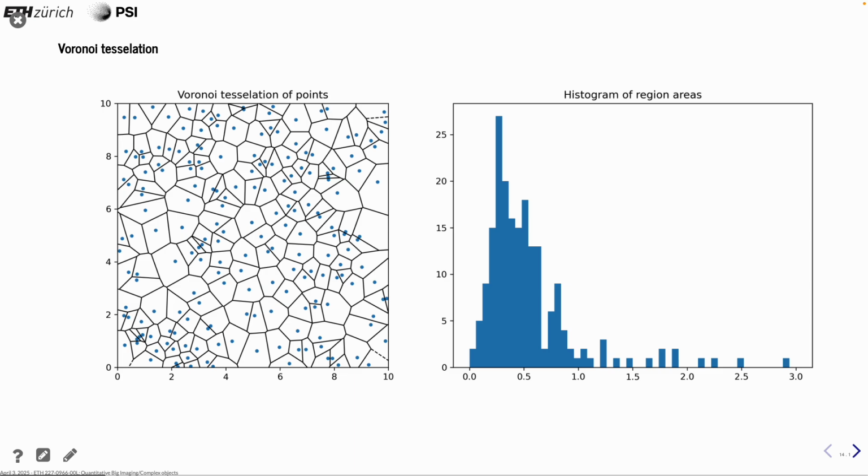You can do different types of analysis using the Voronoi tessellation. One that I did here was to compute the histogram of region areas. So I'm computing the area of each region in here, and then I get, again, some kind of distribution.